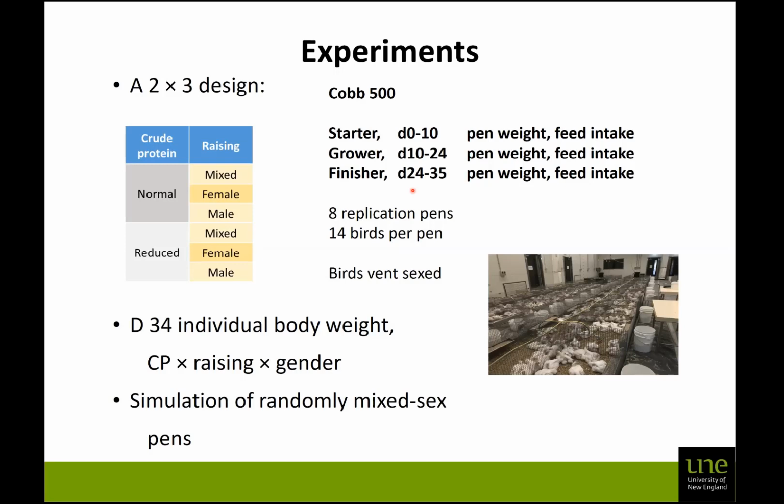With that individual body weight, we can do a simulation where we put birds randomly in mixed pens, pens with mixed-sex birds. We just separate protein levels, so we don't mix up protein levels, but for male and female, we just put them randomly into a dummy pen.